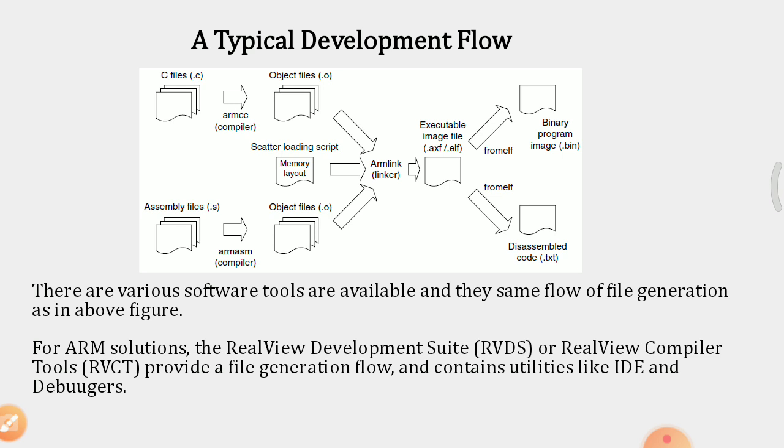A scatter loading script may be optional, we can use it or we may not use it, but if you use it, the complexity increases. After linking with the library files or header files, the linker will give us an executable image file in the form of .axf or .elf.